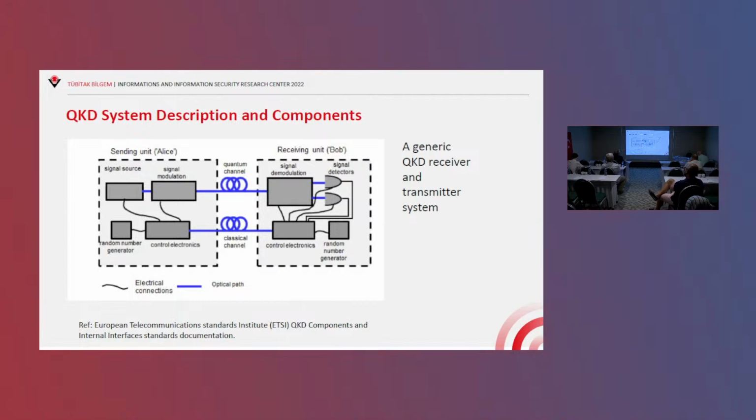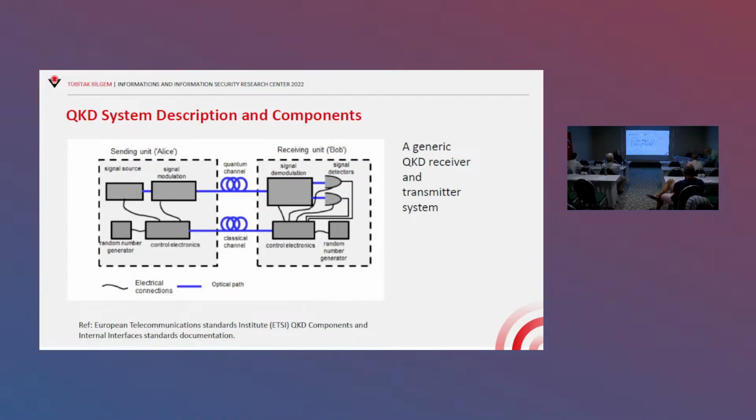As we mentioned, there is a sending unit, a transmitting unit, which we call Alice, and also a receiving unit, which we call Bob. There is a signal source. The signal source is basically the information that would be transmitted to Bob.